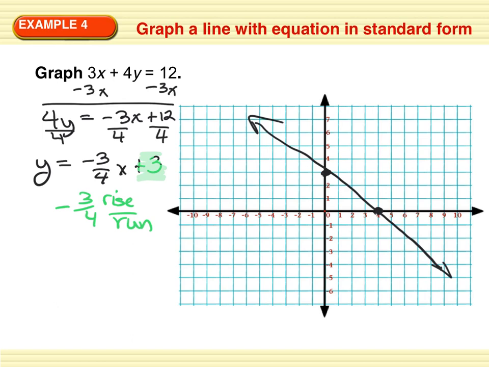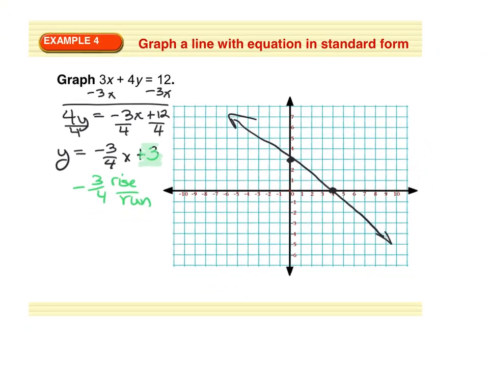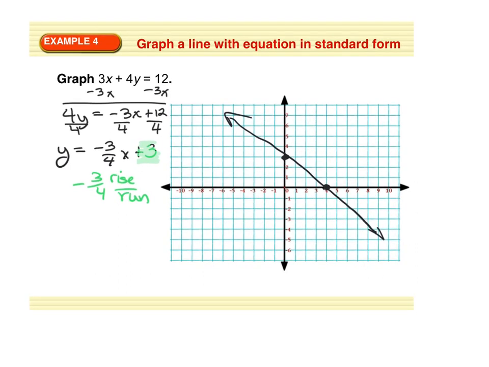Another easy way to graph something in standard form is to find the x and the y intercepts. So when we find intercepts, if you recall, the y-intercept is going to be the ordered pair (0, 3). The x-intercept is (4, 0). Notice they both have zeros in the ordered pair.